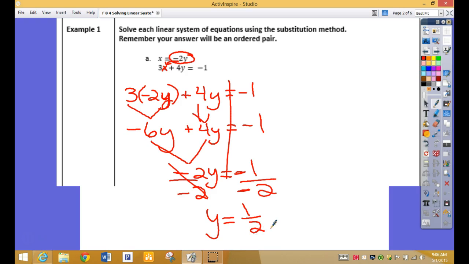Now if you don't want to work with fractions, you can turn it into a decimal. Alright? So for your ordered pair, like the one we corrected, sometimes it's just easier to put in 1/2. I will accept, is this our x or our y, first of all? Y. So first or second? Second.